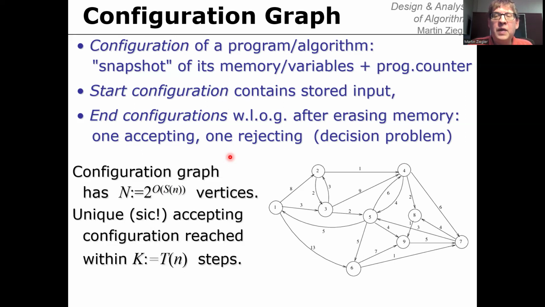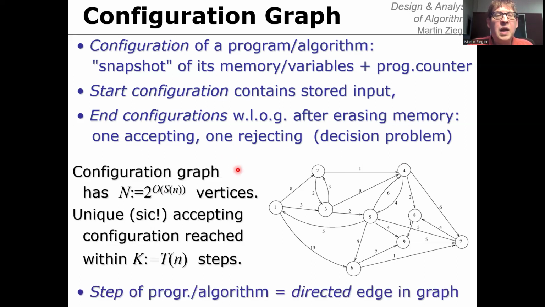And finally, observe that any single step of this algorithm corresponds to following one directed edge in this graph. If we consider deterministic algorithms, then the graph consists only of paths. There's no fork in the configuration graph of a deterministic algorithm.